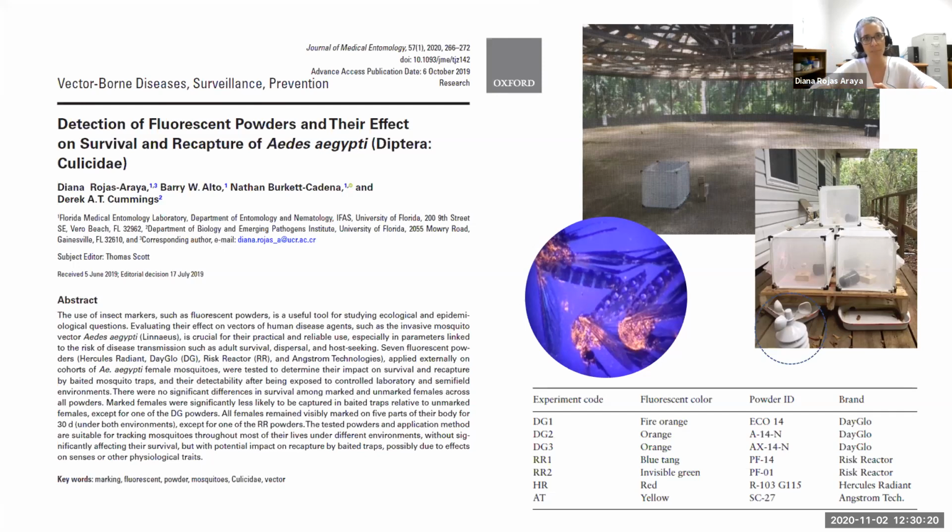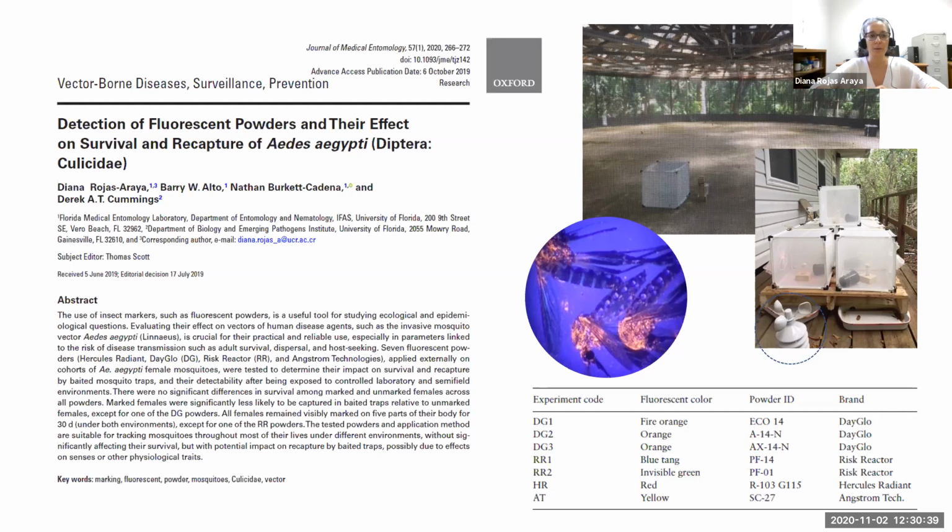So we used some powders that are available in the market and already well known, but we also used different ones, some that had never been used before. For example, in Dayglow, we used a different type of series that was new and had not been tested before.